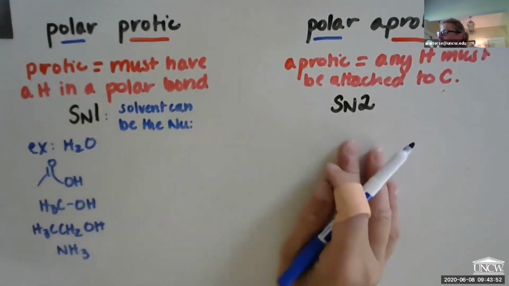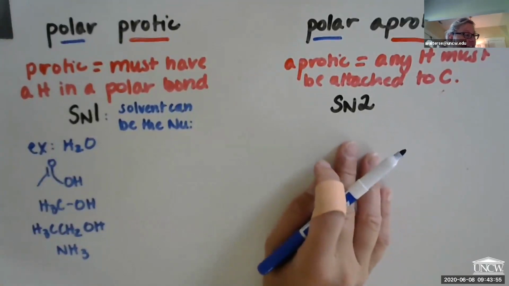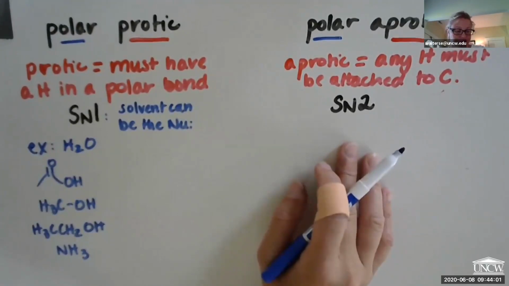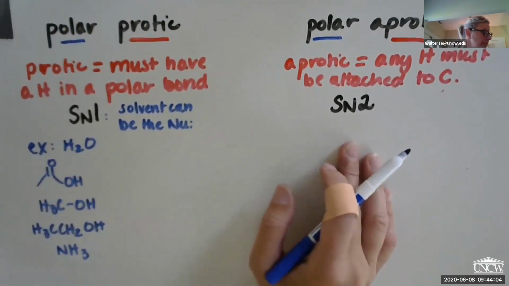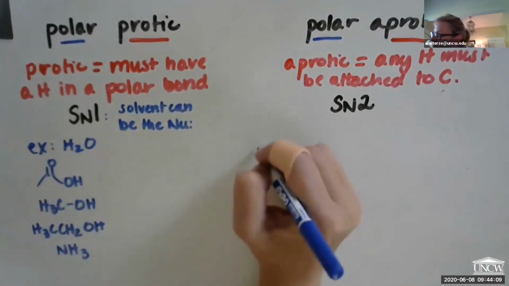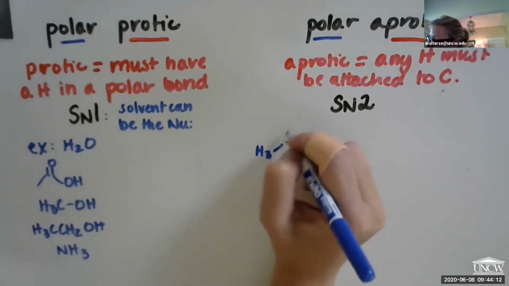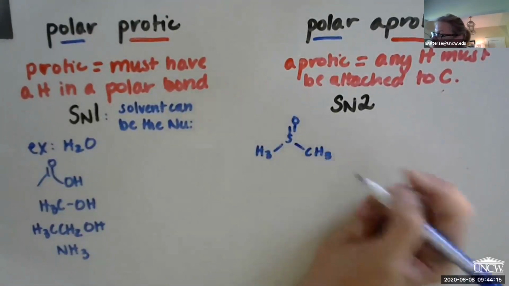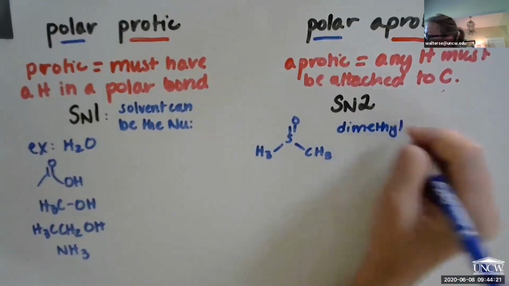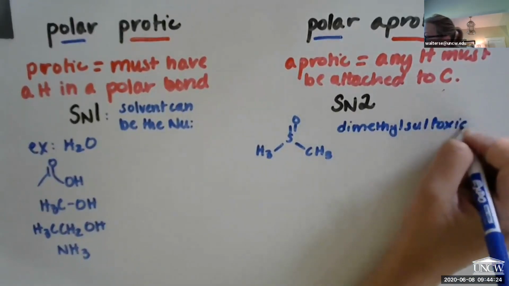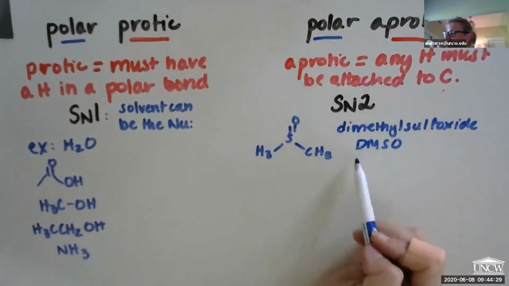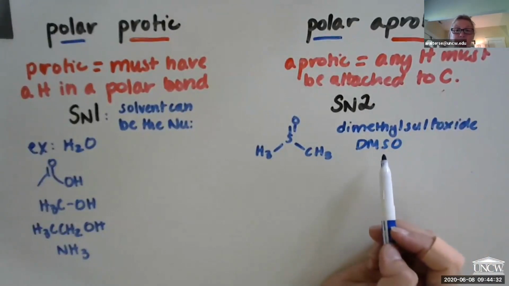Polar aprotic solvents have to have hydrogens in bonds to carbons. The nice thing about them is they're generally given abbreviated names. This is dimethyl sulfoxide, and we just call it DMSO. Sometimes DMSO is the only thing you would see written underneath the reaction arrow.